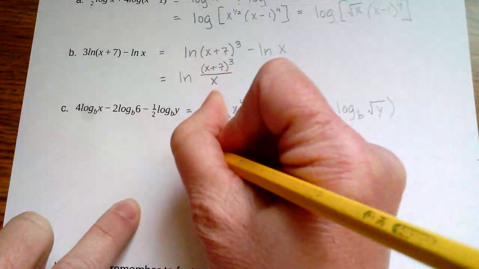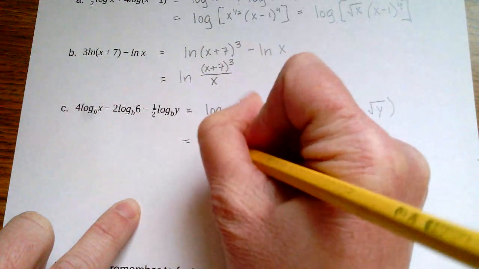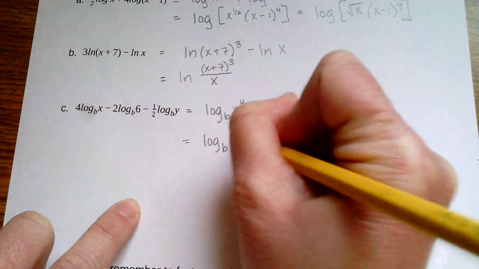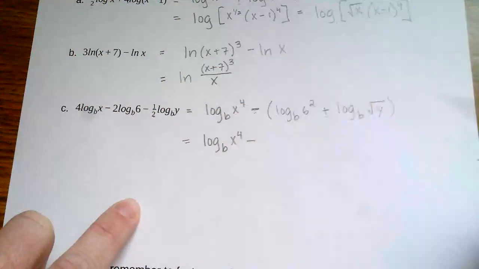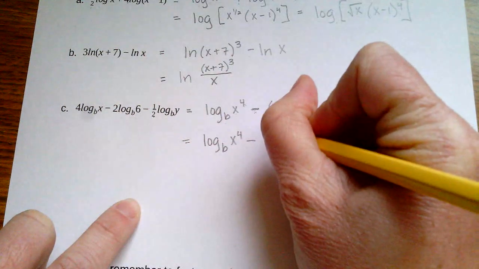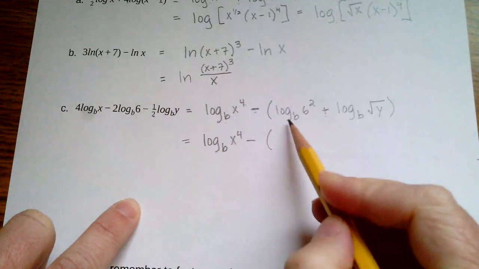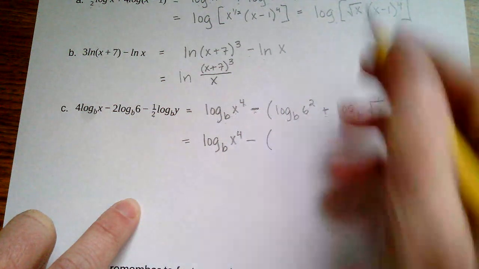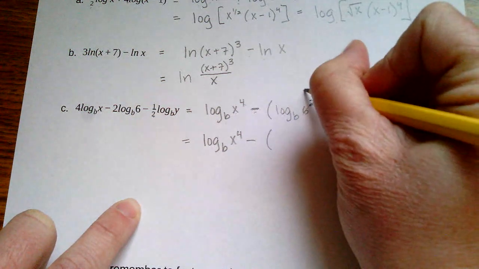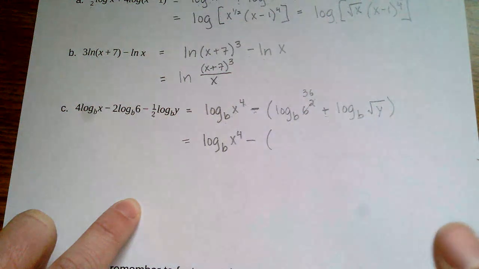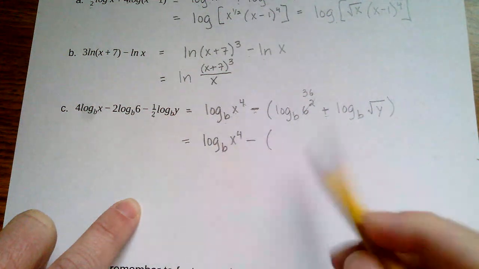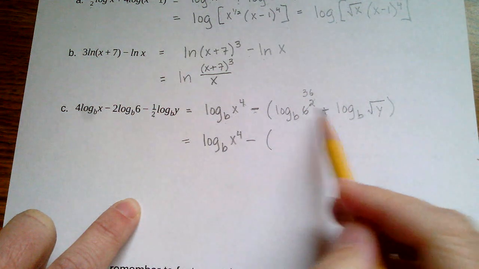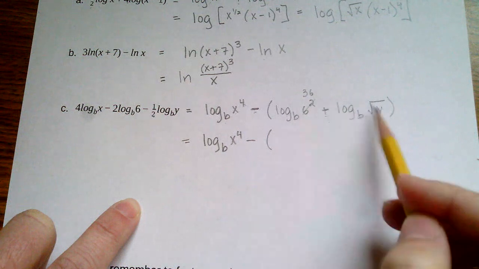So now my first expression is not changing at all. My negative is not changing at all. Now I'm noticing that I have log base b 6 squared. I'm going to rewrite that as 36. And so now I have the sum of two logarithms with the same base.